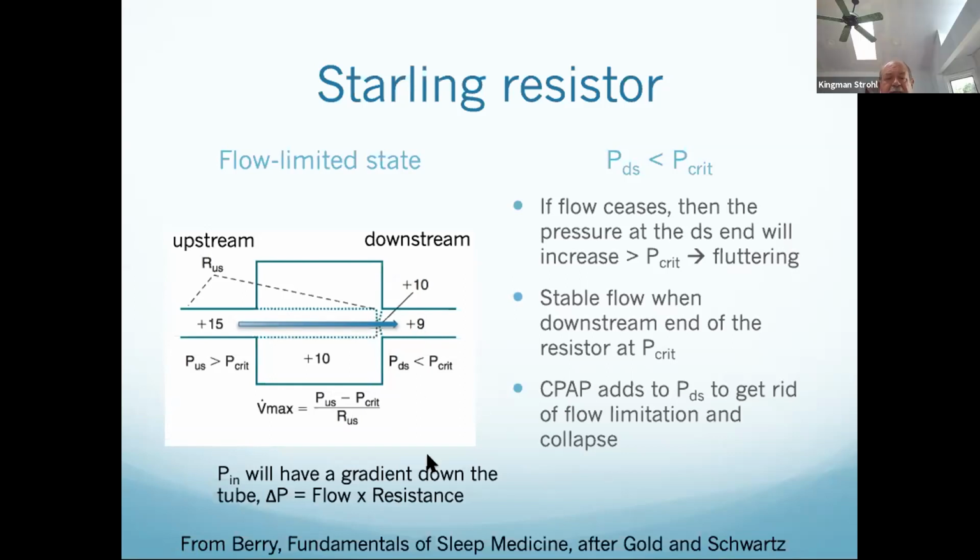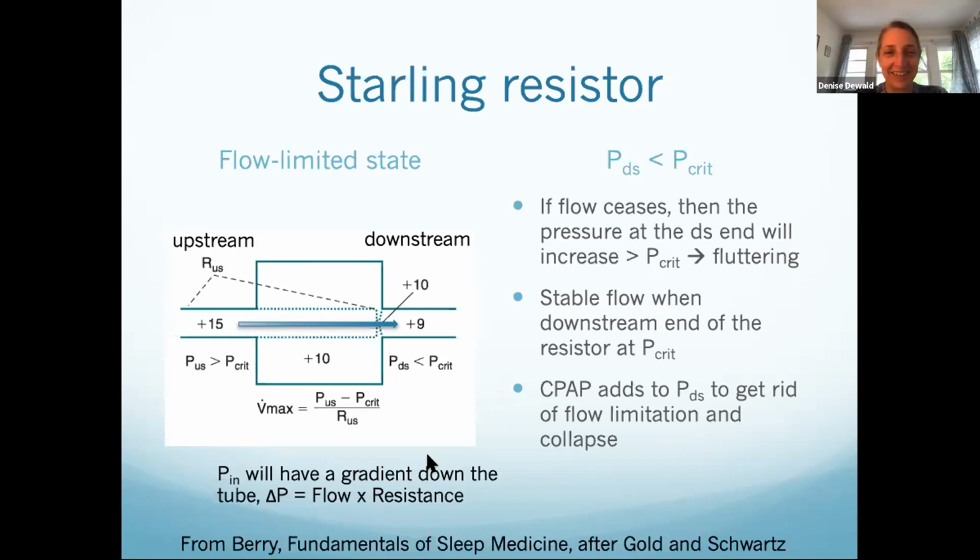Yeah, but the problem with this Starling resistor is that this assumes you're pushing air from the left to the right, when really what you're doing in breathing is you're trying to suck air in from the left to the right. And they always do that because then your next slide makes sense.